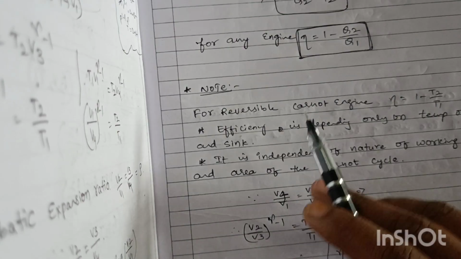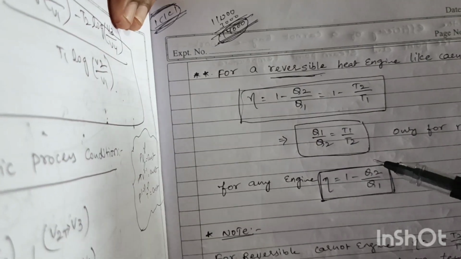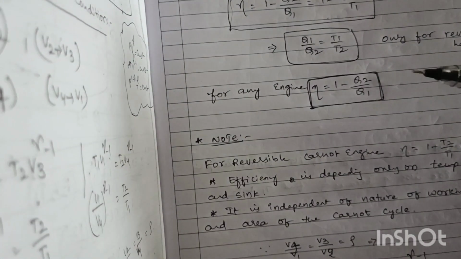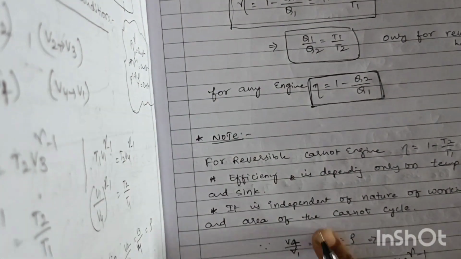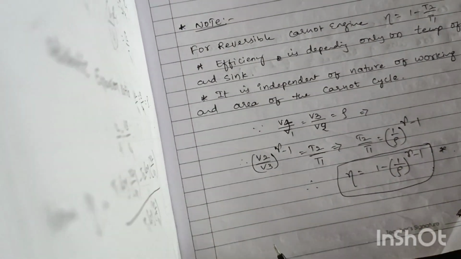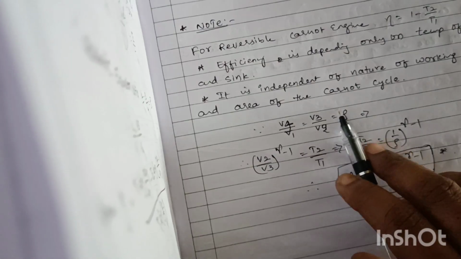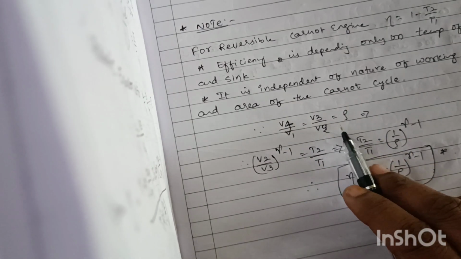So efficiency depends only on the source and sink temperatures, but not on the working substance or the area of the Carnot cycle. Here the adiabatic expansion ratio rho is V4 by V1, V3 by V2 equal to rho.